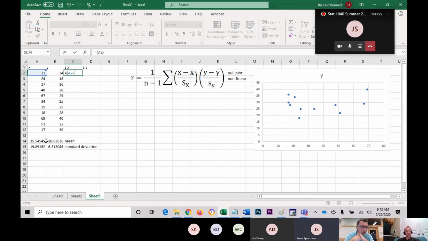Oh no, from the mean. So the mean was 35.5. 35 and a half. Okay. I'm going to close my parentheses and then I'm going to divide by 19.89.